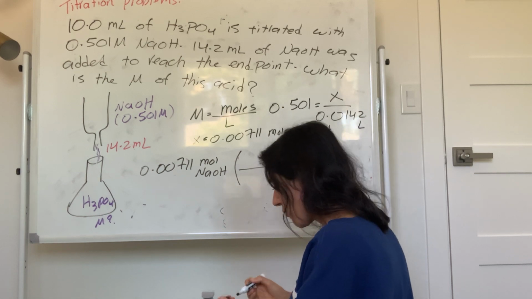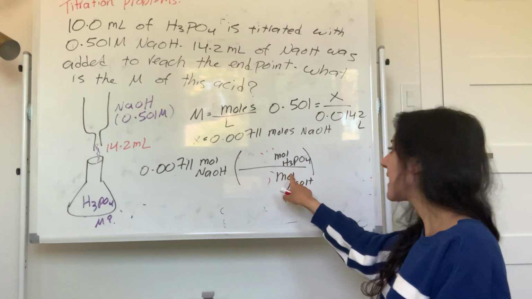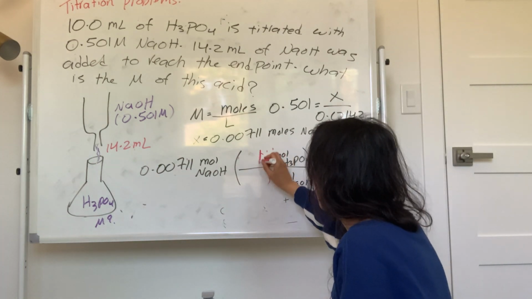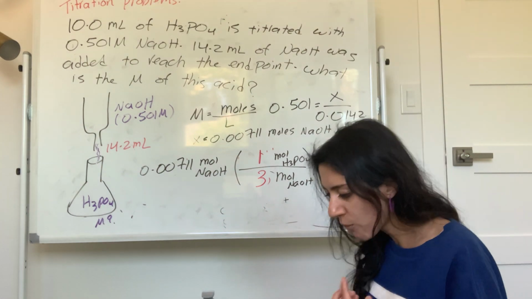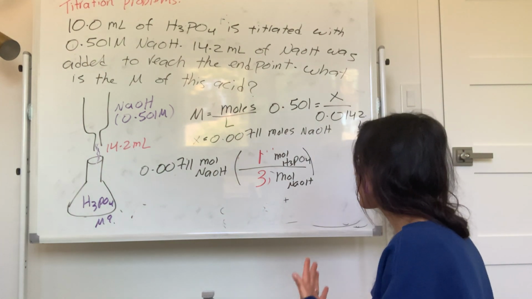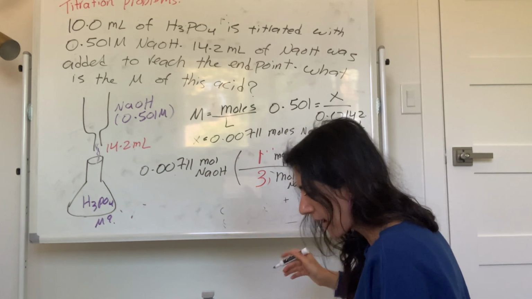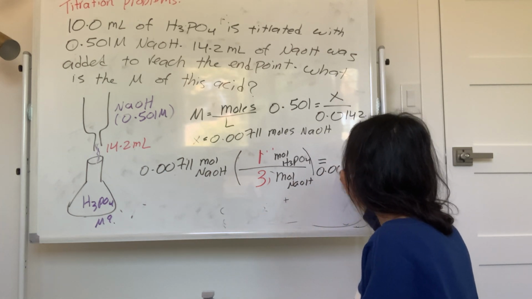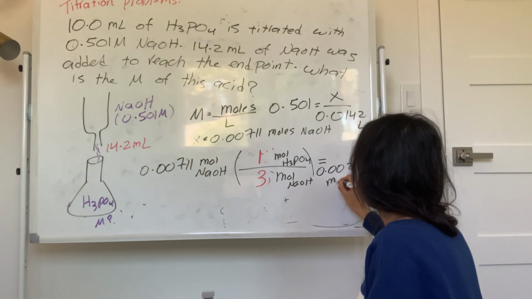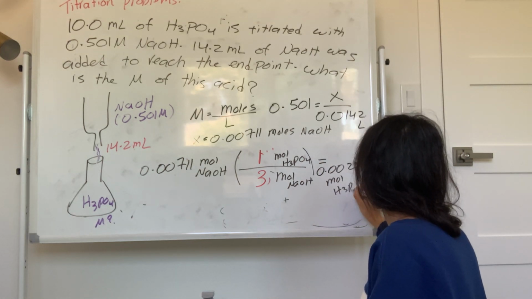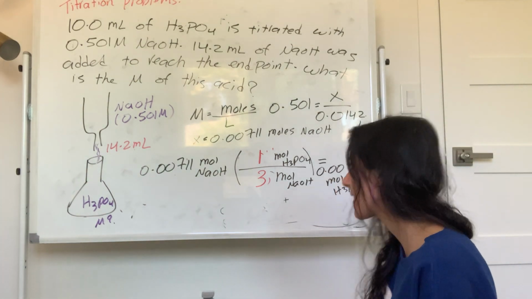And we said for one phosphoric acid, because it has 3 hydrogen, I need 3 NaOH, right? So when I do that, what I end up getting is 0.00237 moles of phosphoric acid, because it was not a monoprotic acid.